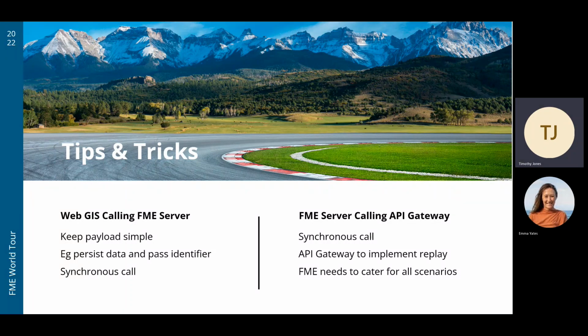For FME Server calling the API gateway, again, a synchronous call. Ensure the API gateway handles all the replay requirements under different error scenarios. But likewise, the FME needs to cater for those scenarios and report back to the caller, to the WebGIS, accordingly.